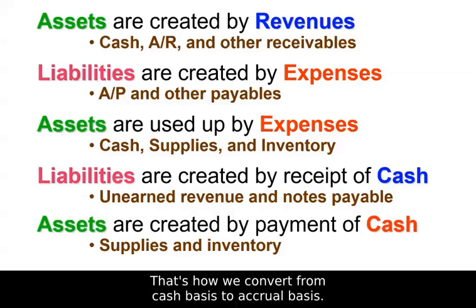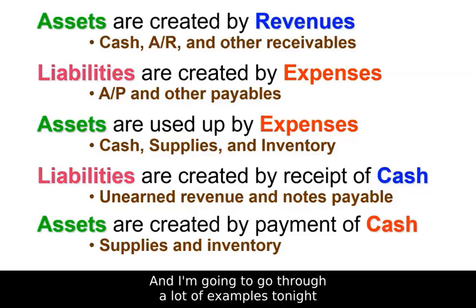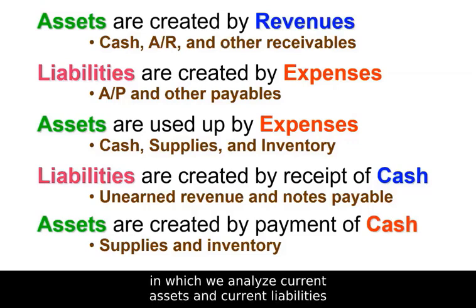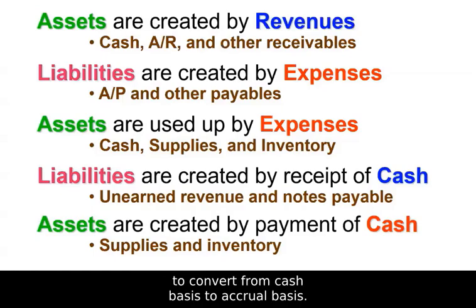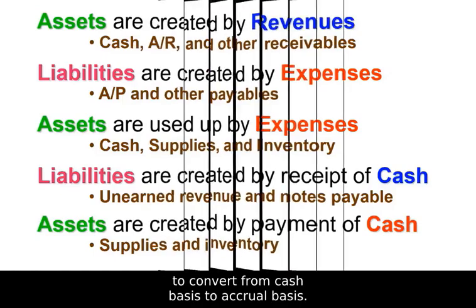That's how we convert from cash basis to accrual basis. And I'm going to go through a lot of examples tonight in which we analyze current assets and current liabilities to convert from cash basis to accrual basis.